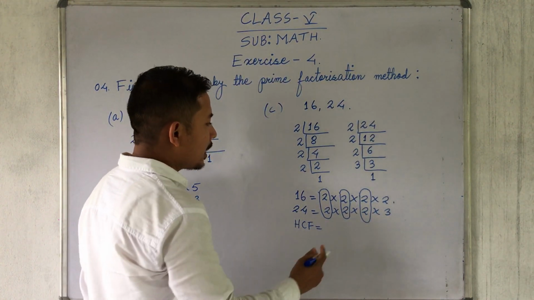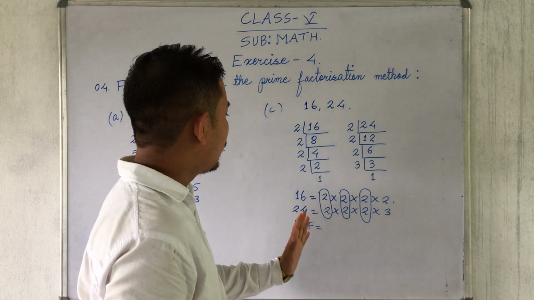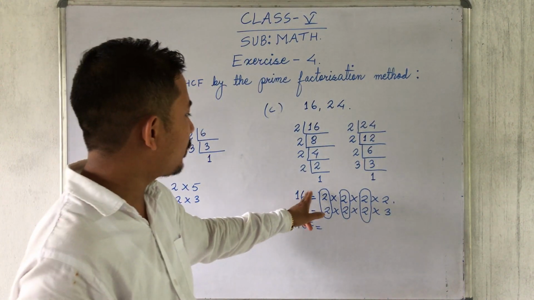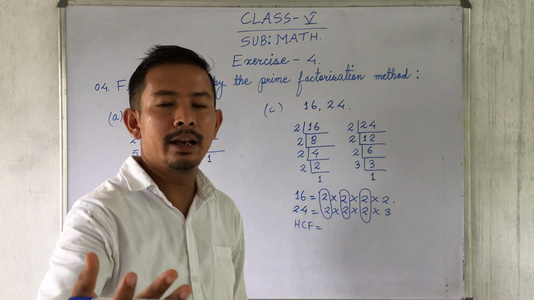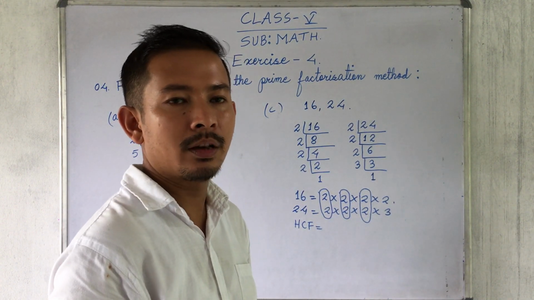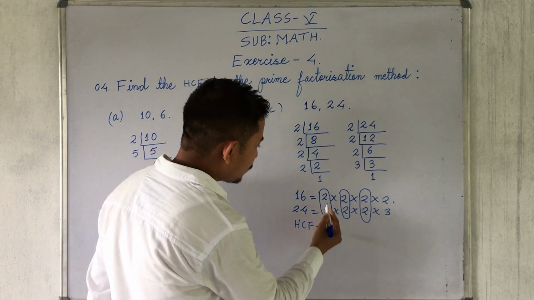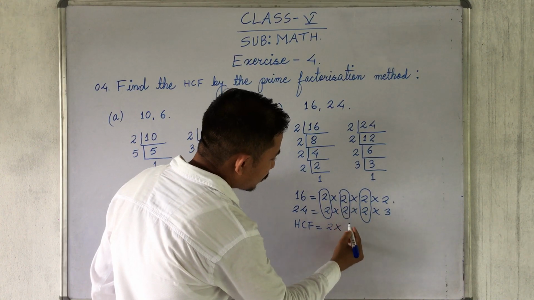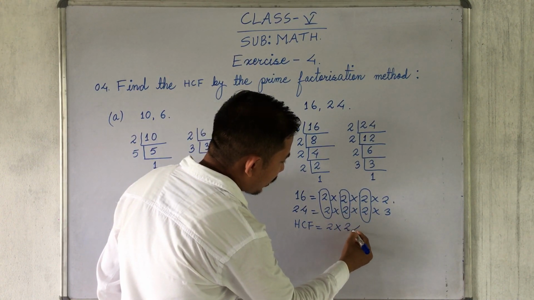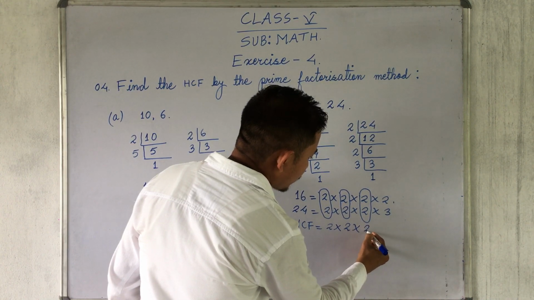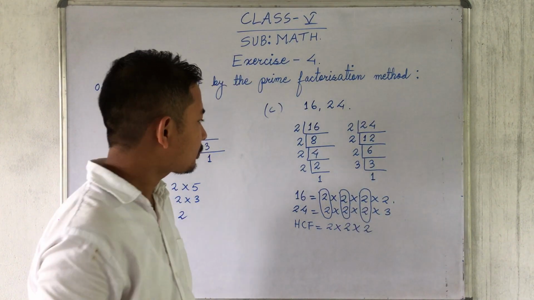So if a factor of both the numbers is the same, then as I already told you, we have to take that number as a common factor. Understood? So from this 2 2, I am taking one 2 as a common factor. From this 2 2 also I am taking one 2 as a common factor, and from this 2 2 also I am taking one 2 as a common factor. Okay.